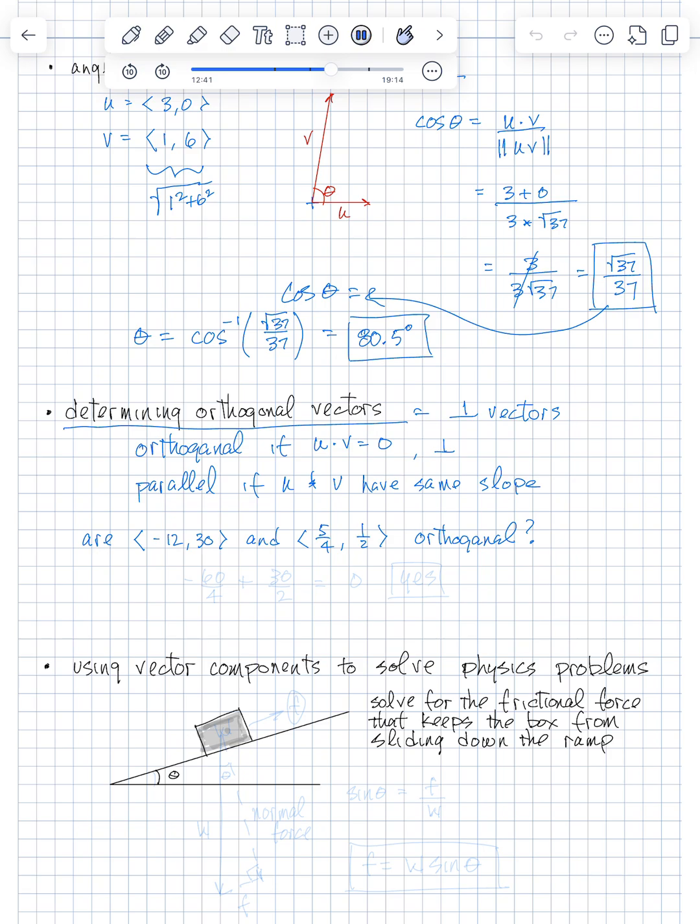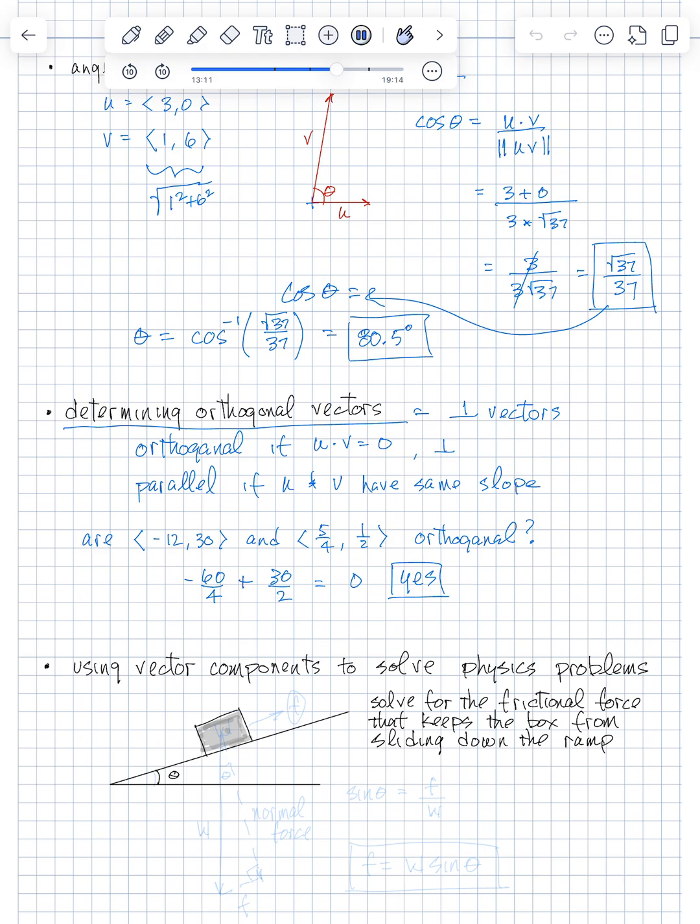So we just dot them and see what we get. So negative 12 times 5/4 is a negative 60/4, and 30 times 1/2 is 30 halves. Add those together, they equal 0, so yes is the answer. They are orthogonal.